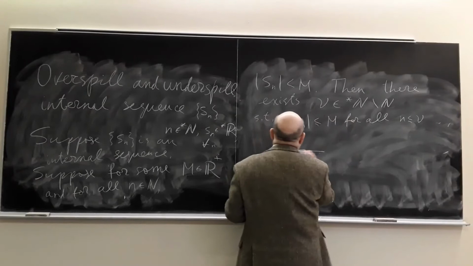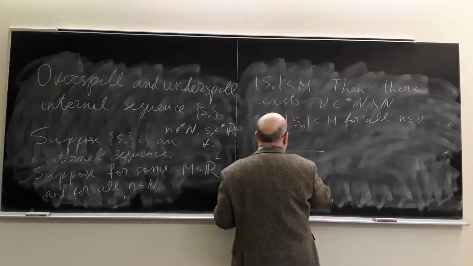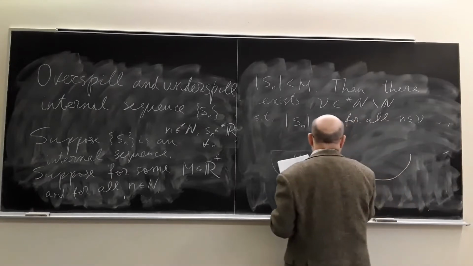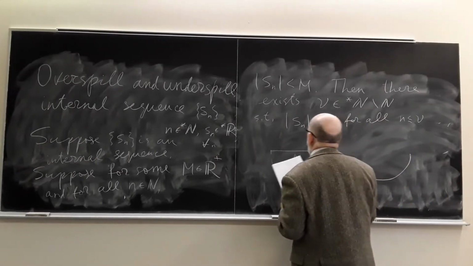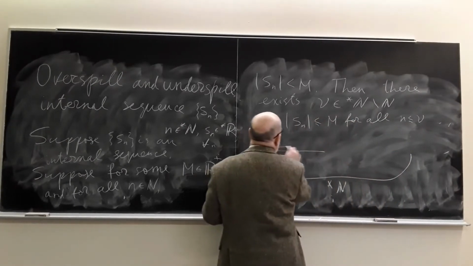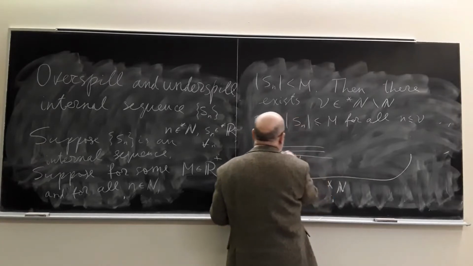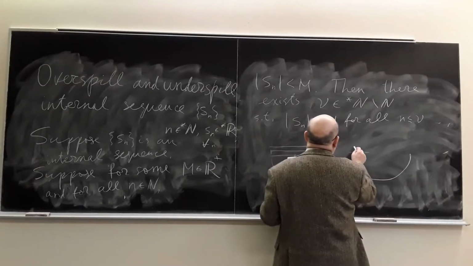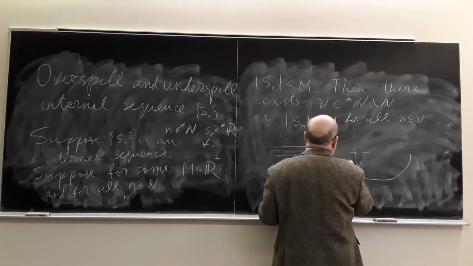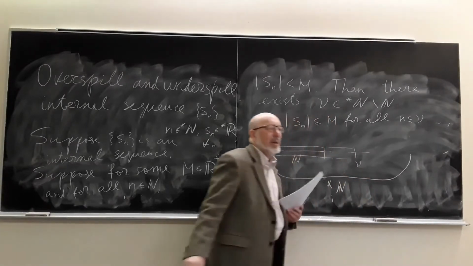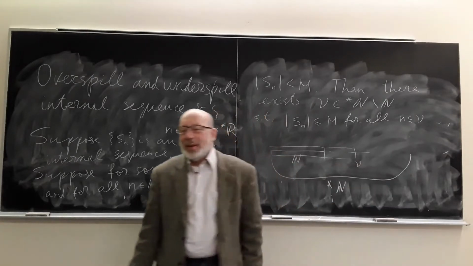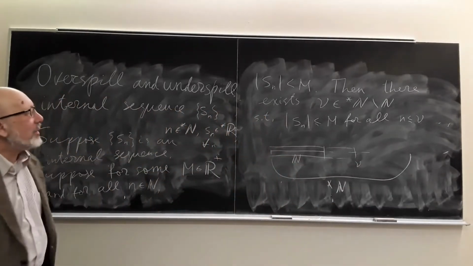Here we have N, here we have star N, and this sequence is bounded here by this m, and it continues to be bounded somewhat farther, and this is new.